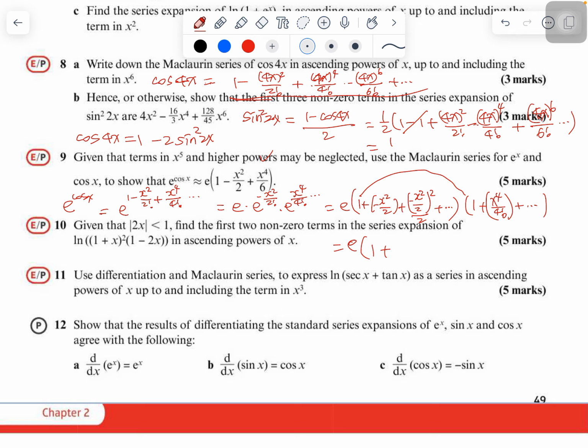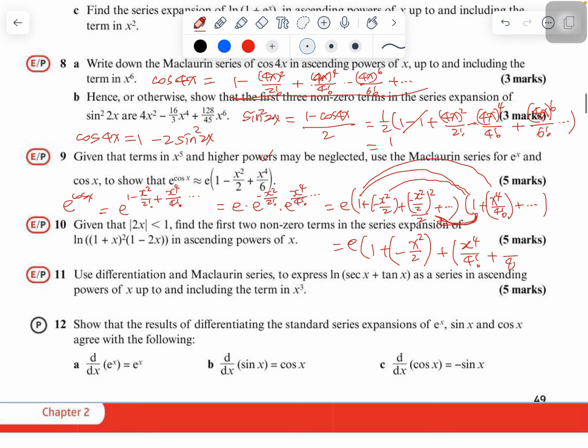Now we can have x squared here, so negative 2 x squared over 2, plus x to the power of 4 over 4 factorial, and when they meet together here, that is the 8 in the denominator and x to the power of 4 plus blah blah blah.